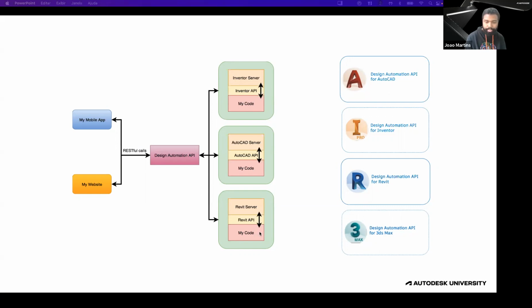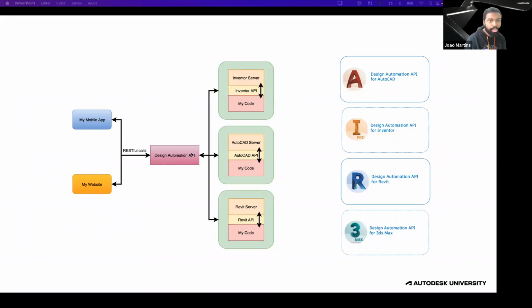All right. What is exposed through the RESTful calls in the Design Automation API are common methods for all of the supported products. Common methods to define, for instance, how your job is going to execute, how many inputs, how many outputs, and to define the execution of the job itself.